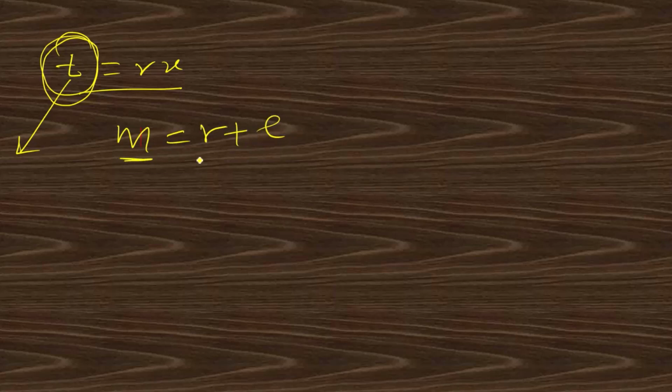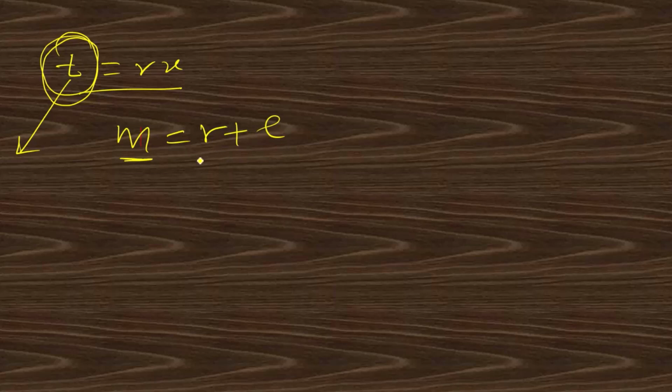Now t here is said to be the subject of the expression because it is standing alone on the left. You can also say m equals r plus c. With this you say m is the subject.